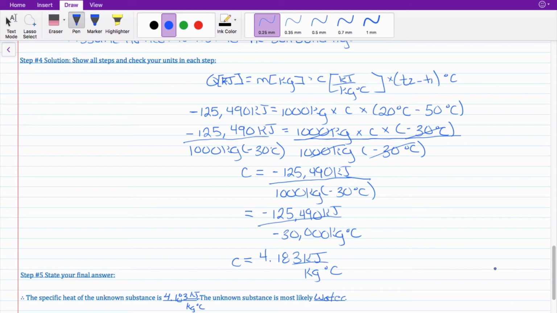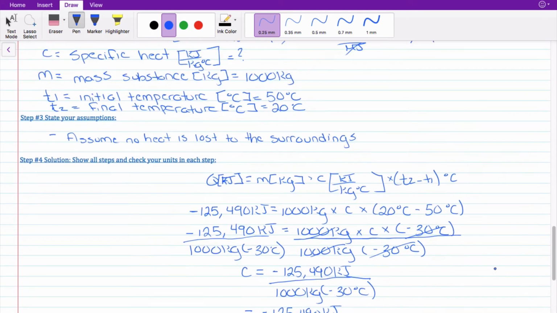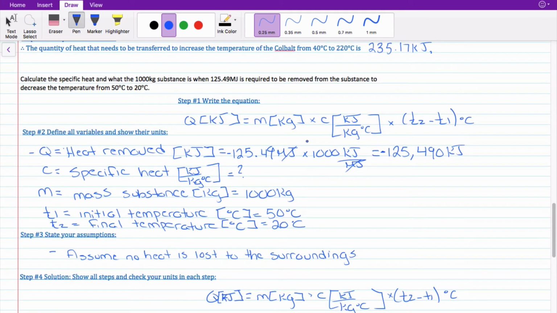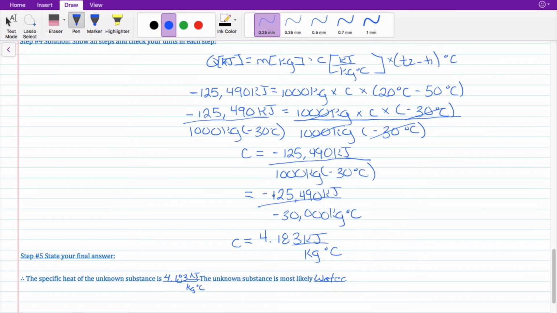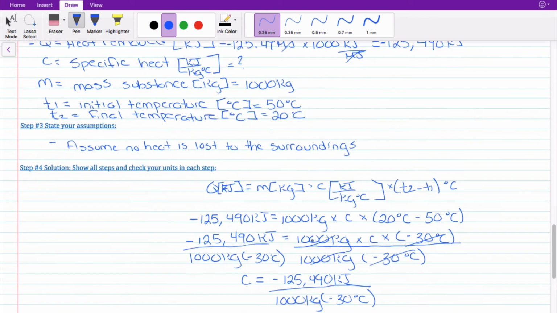The mistakes I'm seeing a lot of people making on this question is for the heat removed. You can see even I was forgetting the negative sign in front of it a couple times. If I forgot the negative sign here, this would be positive. If I did the T2 and T1 correctly, I'd have negative 30, and I'd end up with negative 4.183.